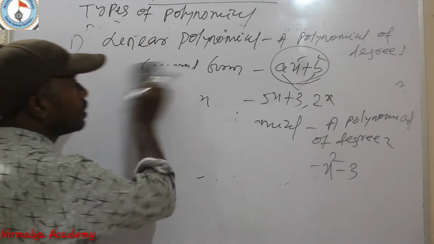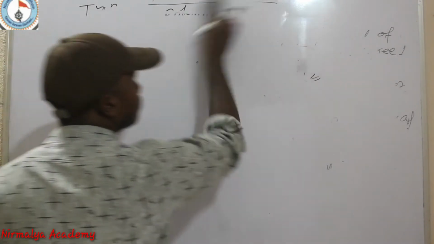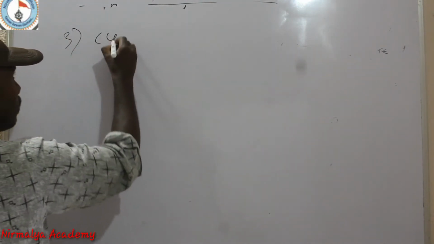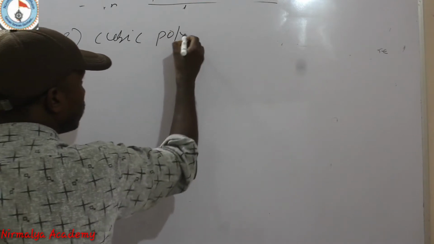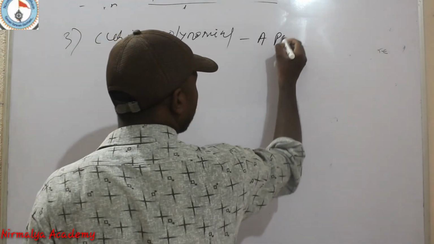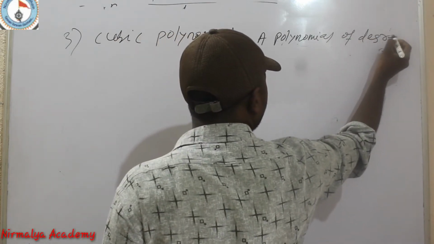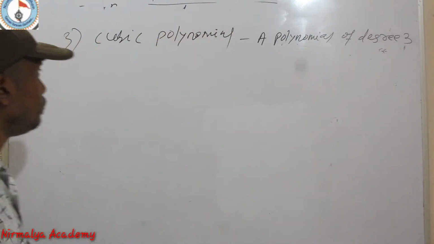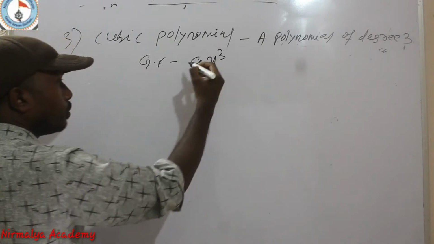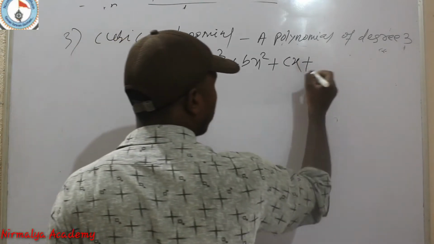Next, third one, the cubic polynomial. Cubic polynomial is a polynomial of degree 3. And its general form is ax cube plus bx square plus cx plus d.